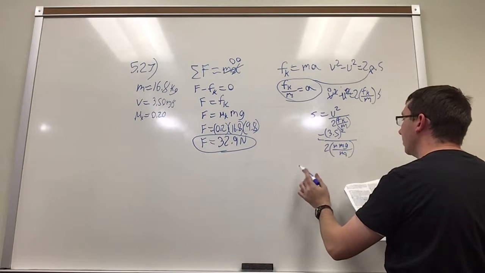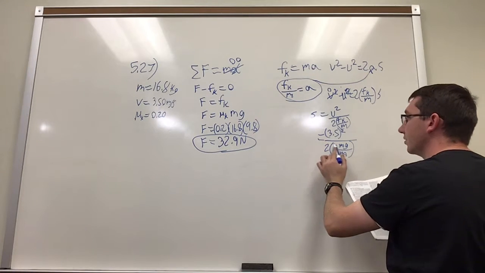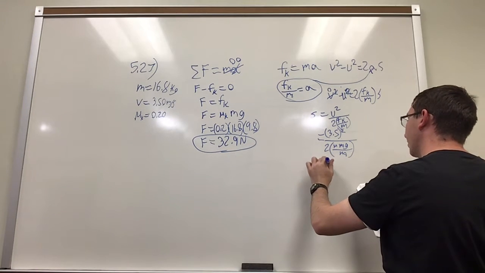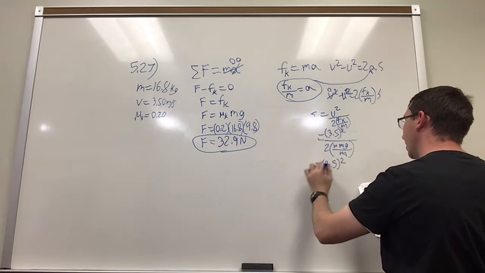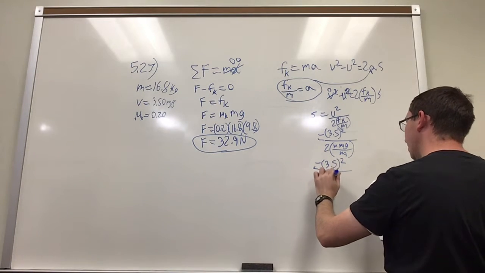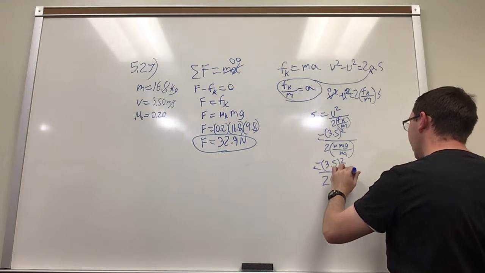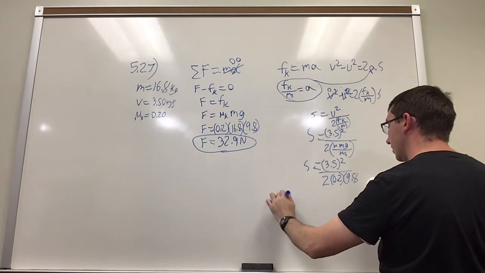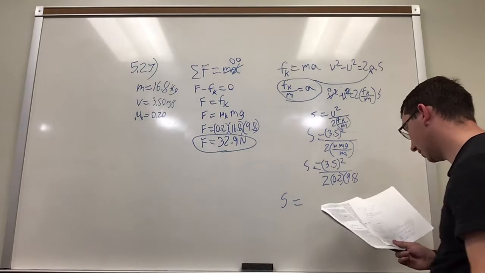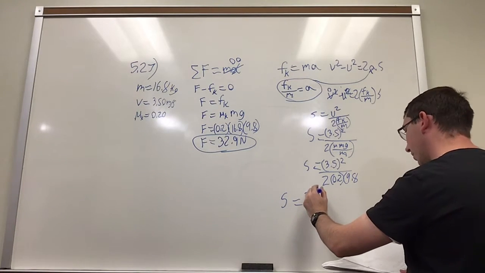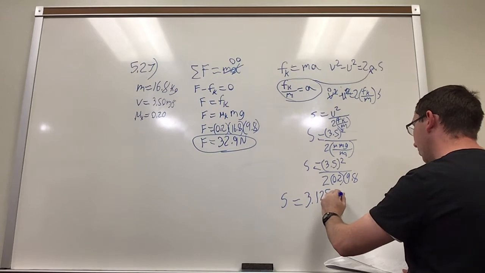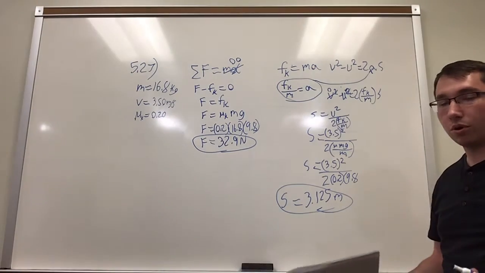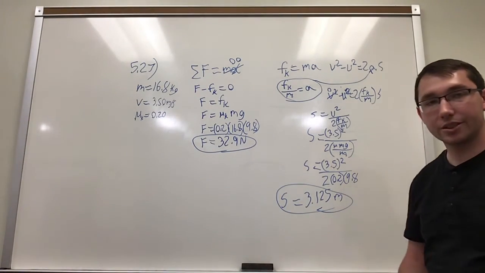So the masses cancel out, and it's just the coefficient of kinetic friction times gravity. So that becomes 3.5 squared divided by 2 times 0.2 times 9.8 for the distance. When you do the math, it comes out to 3.125 meters. So 3.13 meters is your answer for the distance.